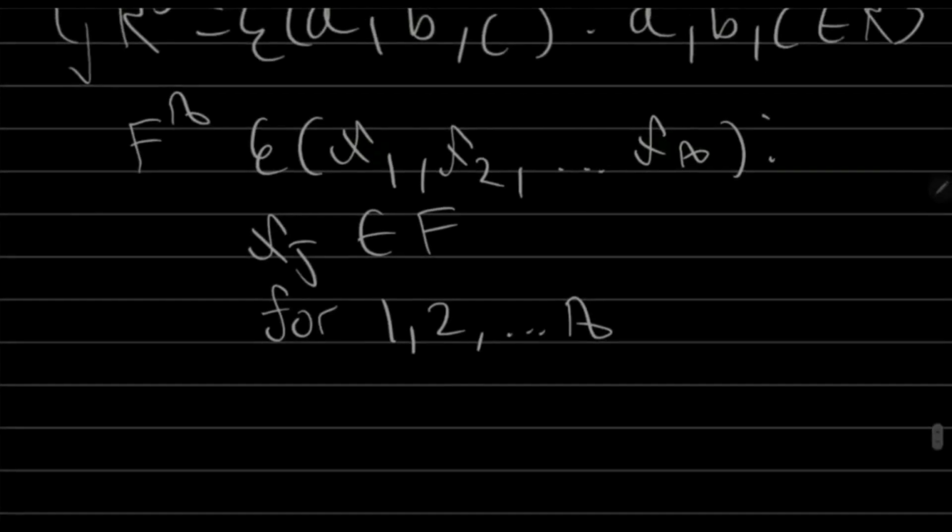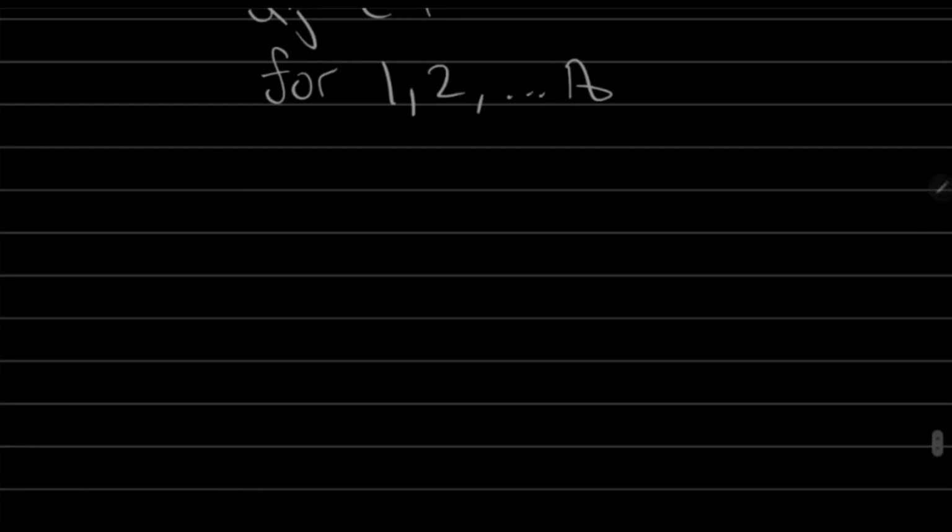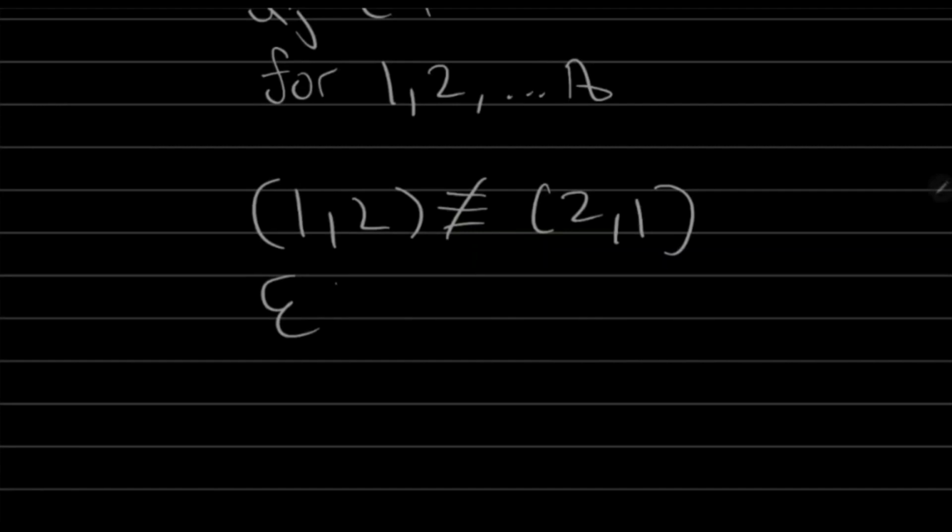And it's important that they're lists and not sets, because in a list, 1, 2 is not equivalent to 2, 1. But in a set, where {1, 2} is a set of cardinality 2, it is equivalent to {2, 1}.